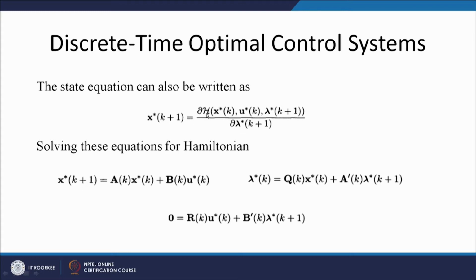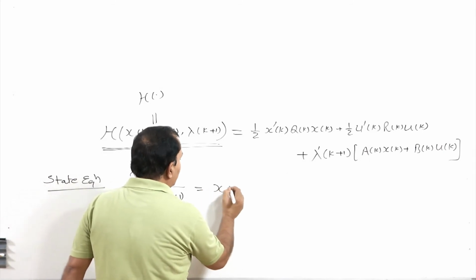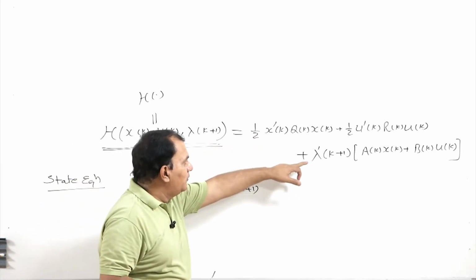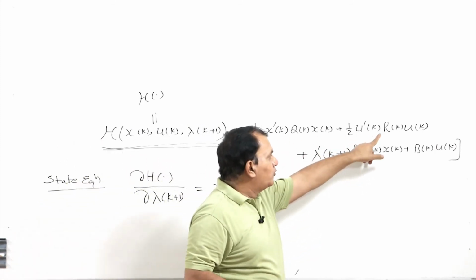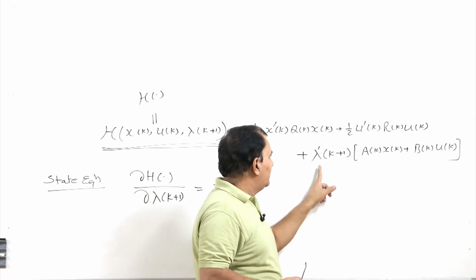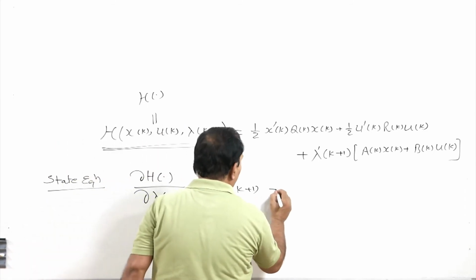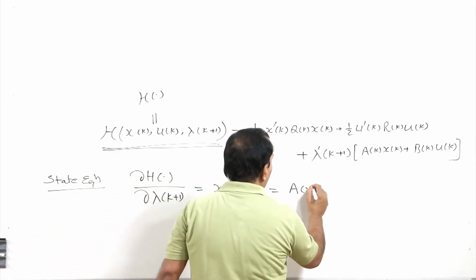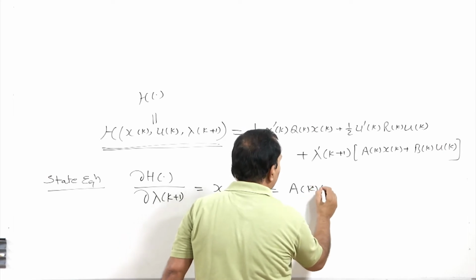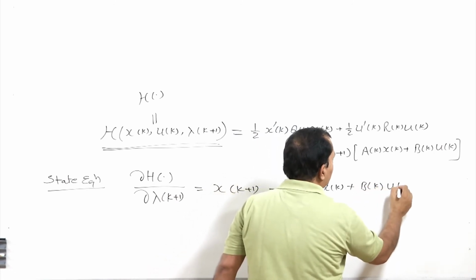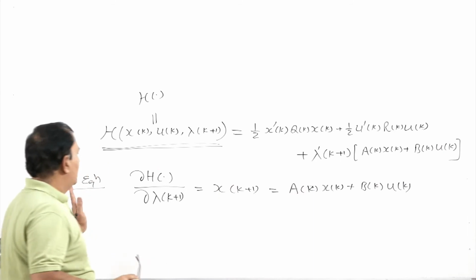So, I differentiate this with respect to lambda k plus 1, and this gives me nothing but my x of k plus 1. The first two terms are independent of lambda, and the last is lambda prime k plus 1 times the bracket. So, by this differentiation I get A k x k plus B k u k, which is nothing but my state equation.